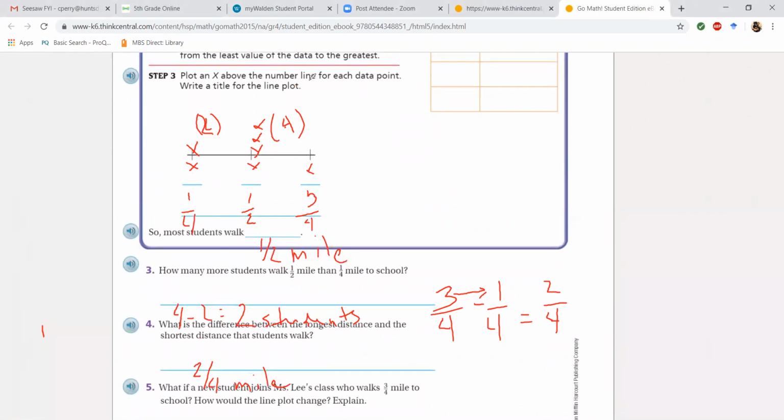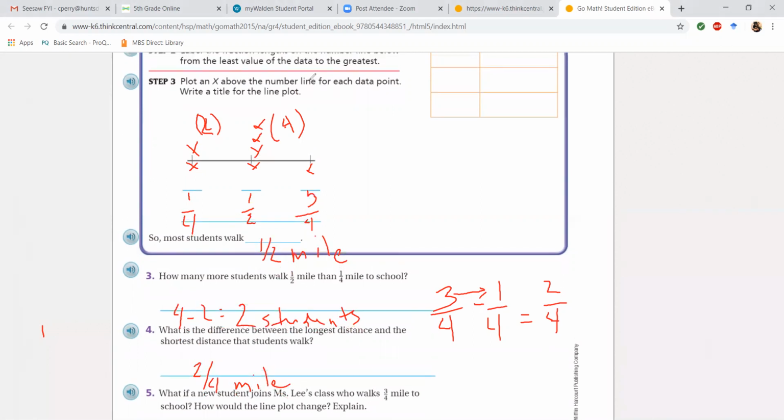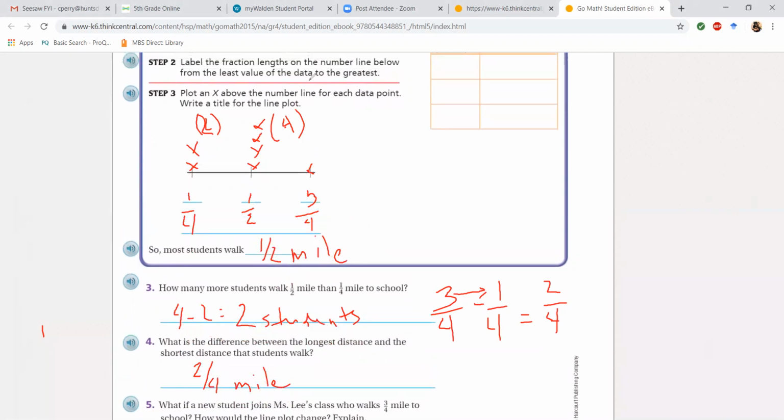What if a new student joins Miss Lee's class who walks 3/4 mile to school? How would that line plot change? So we have a new student, boys and girls, a new student in Miss Lee's class. This student walks 3/4 mile to school. So how would I change that in my line plot?